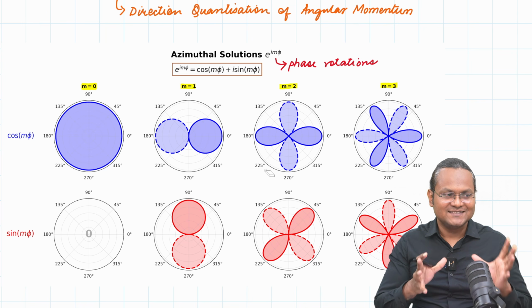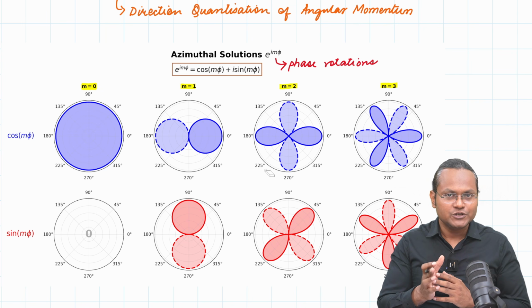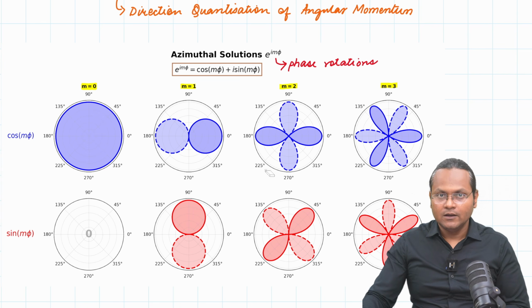So now that we have successfully obtained one part of the wave function solution, let's move on to the angular part, which is the theta part of the spherical harmonics.